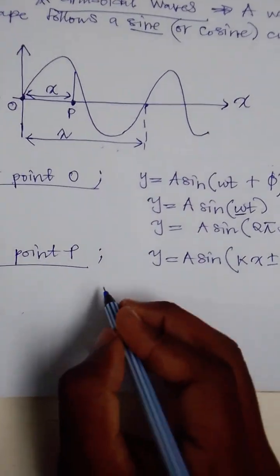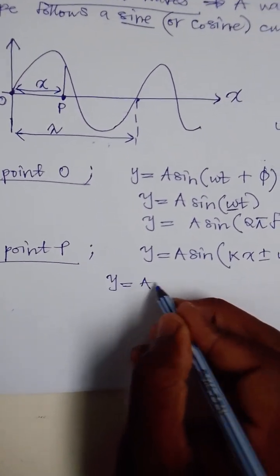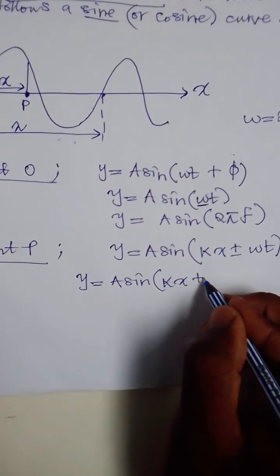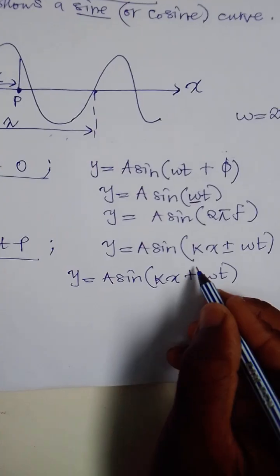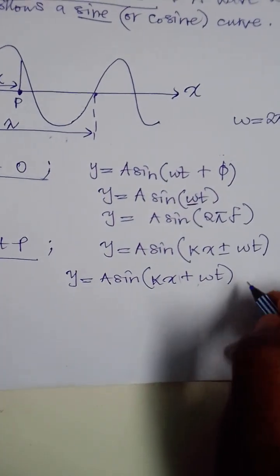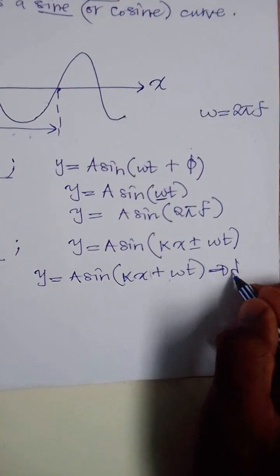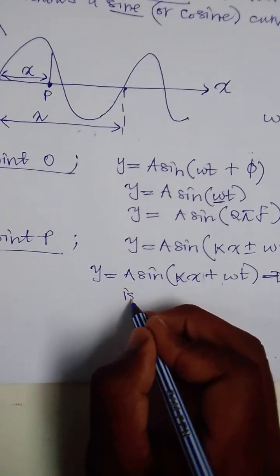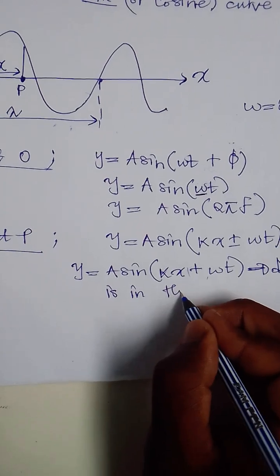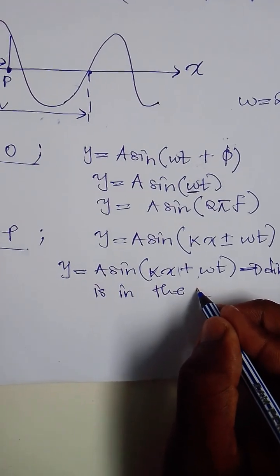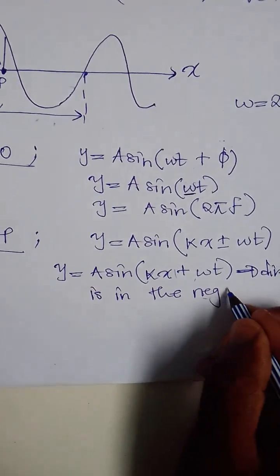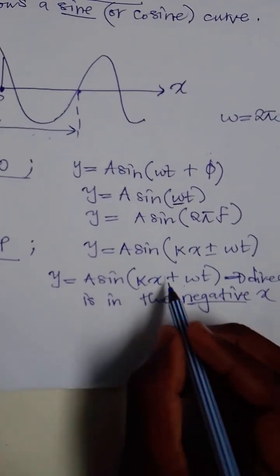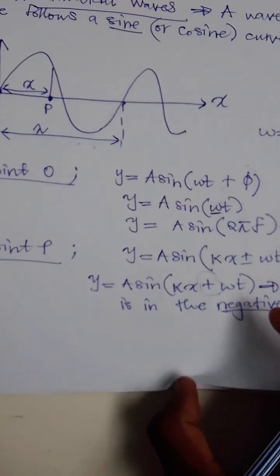And you must know that if y is equal to a sine kx plus wt, if you see a positive sign, the direction is in the negative x. If you see a positive, it's negative x.